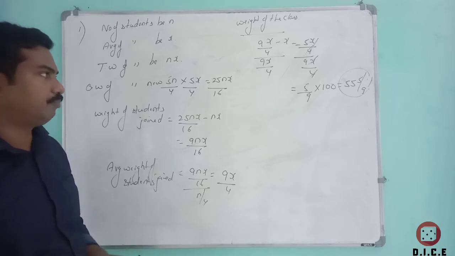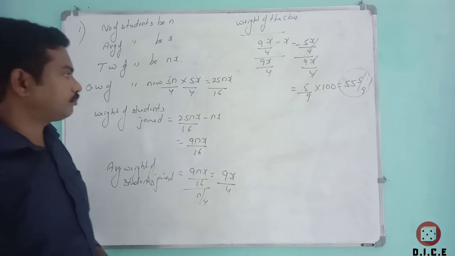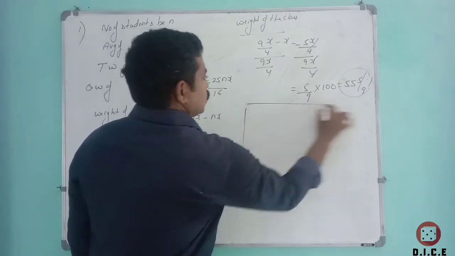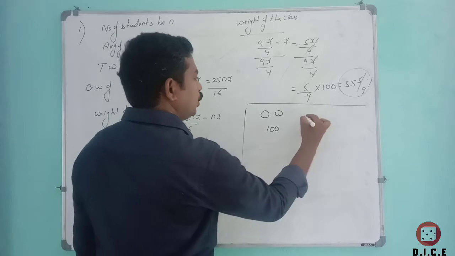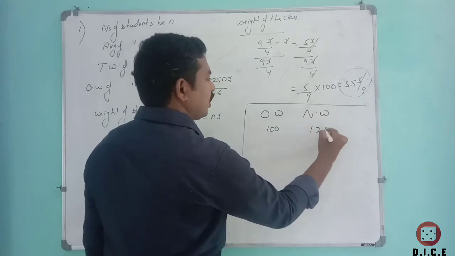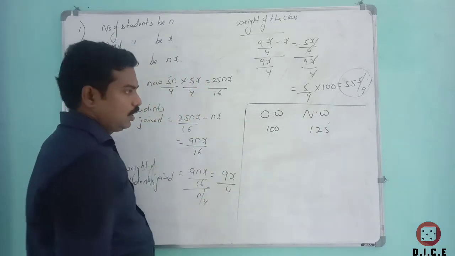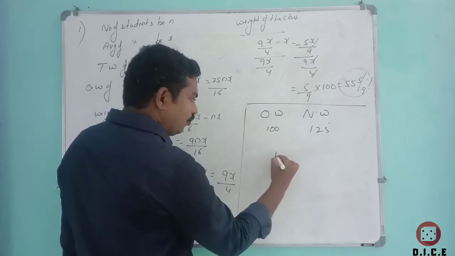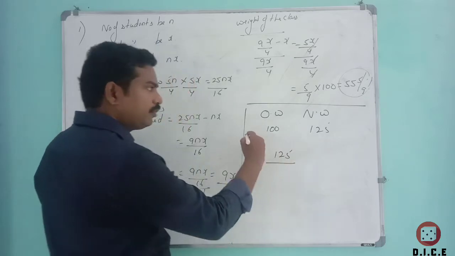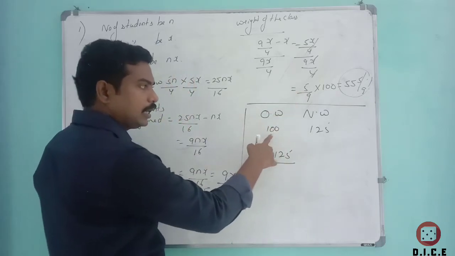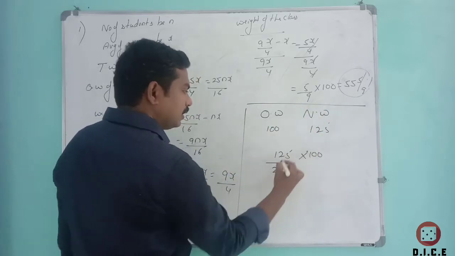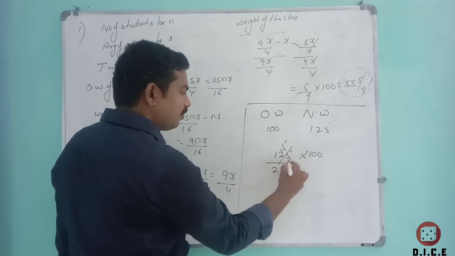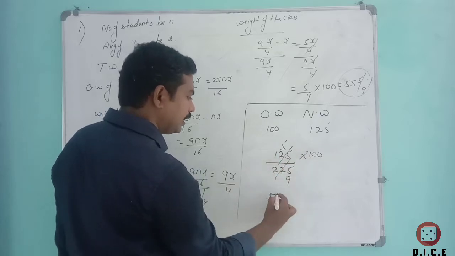It's my sincere appeal. Now if you see the shortcut, let the original weight be 100. Now the new weight is nothing but 125, because 25% is increased. Now new weight by the sum of the original weight plus new weight, that is 100 plus 125, that is 225, into 100. That is 25 5s are 25, 9s are 500 by 9.